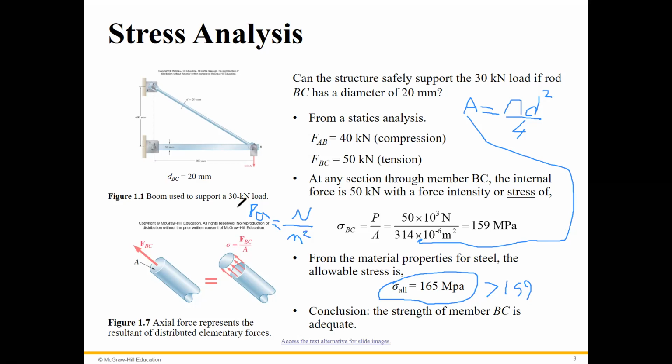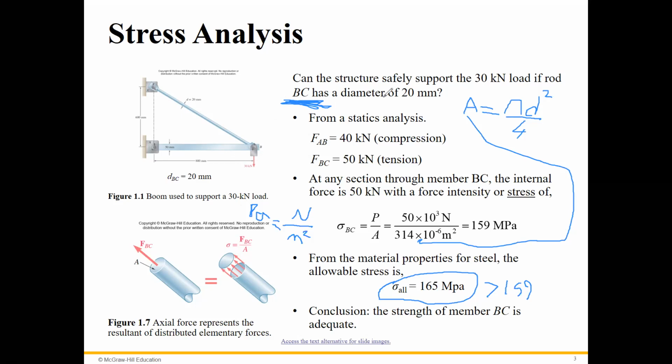Professor, can you explain why you used 50 kilonewtons instead of the 40? No, it asks to use it for this member BC. This is member BC, right? And this is member AB.